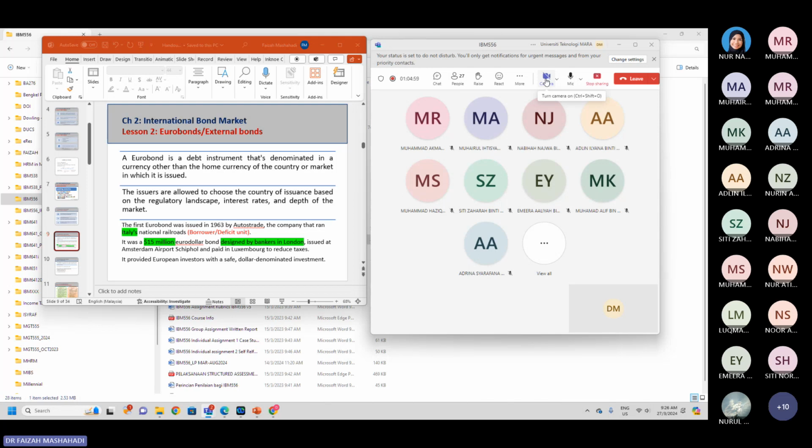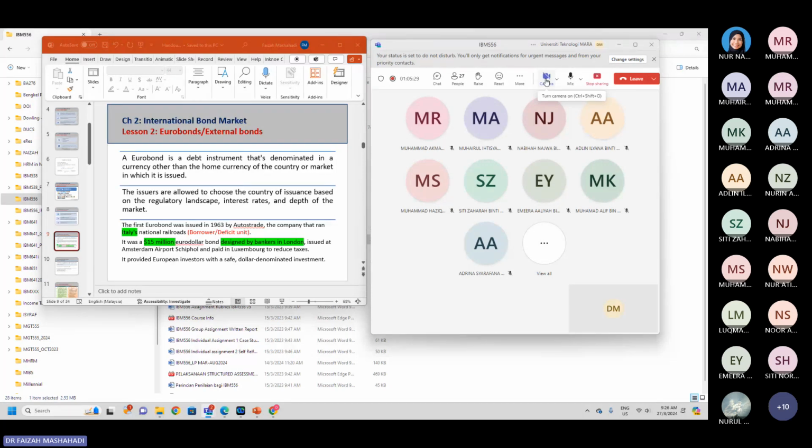While we have the explanation from Alif, Proton issues bonds denominated in RM, and the issue takes place within the Malaysian bond market. That is a domestic bond, right? But the moment Proton issues bonds in Singapore, denominated in Sing dollar, that one is an international bond.